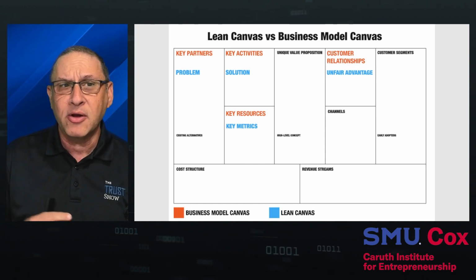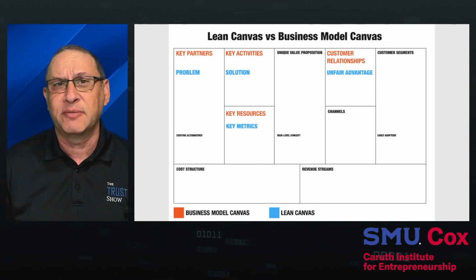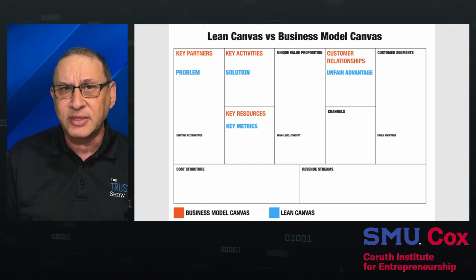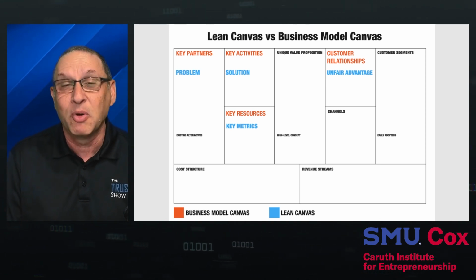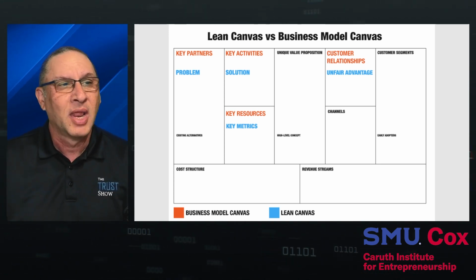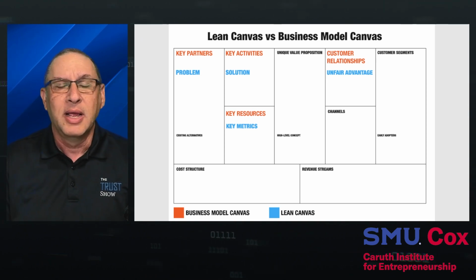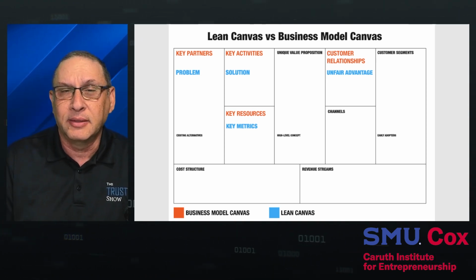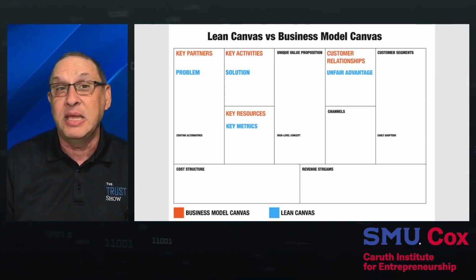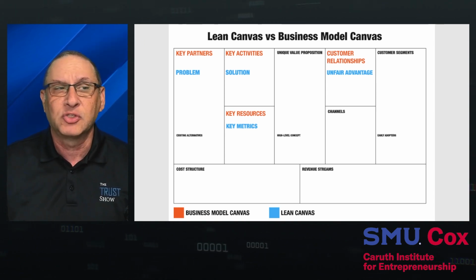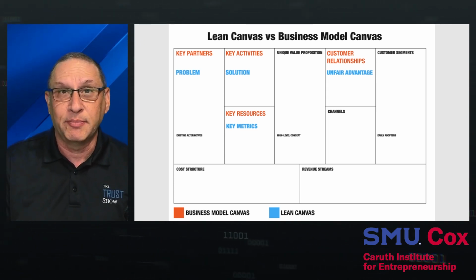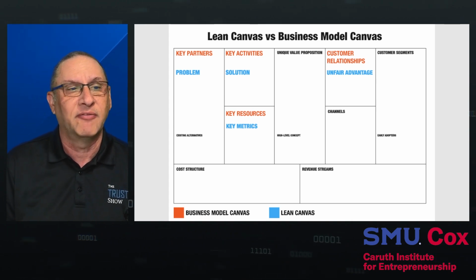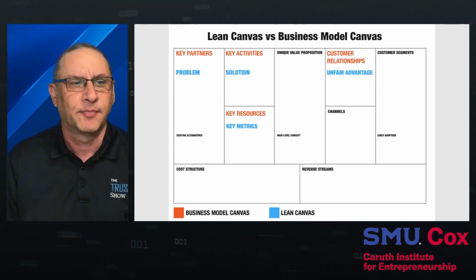If we compare the Lean Canvas versus the business model canvas, they look the same. They have the same number of blocks, and the blocks are organized the same way. But you will see that where the business model canvas has key partners, your Lean Canvas will have the problem itself. Where the key activities are in the business model canvas, you will have what the solution is.